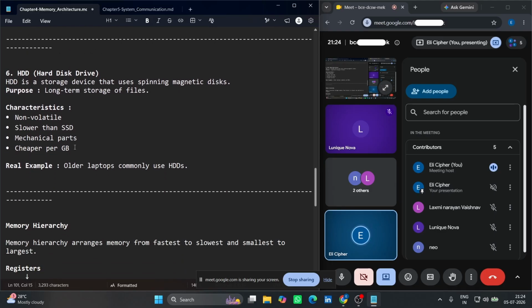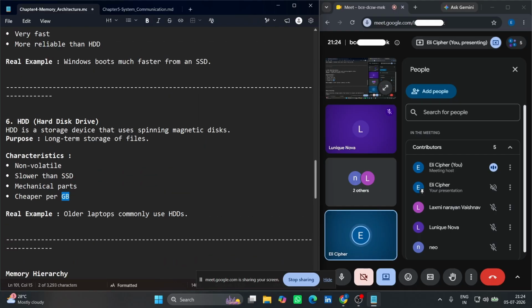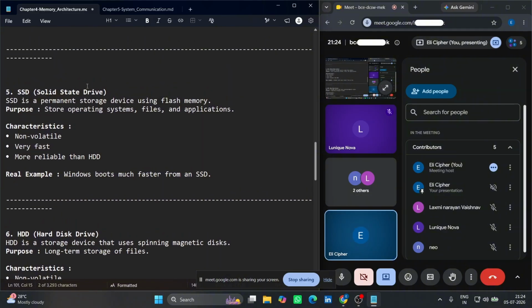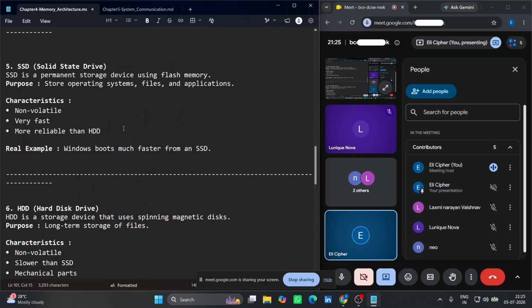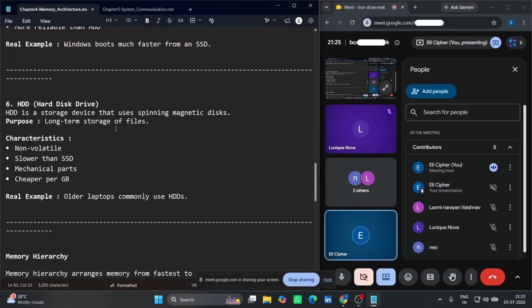Here its price is compared with the amount of data, right? It is cheaper as compared to SSD because it is slow, so its rate is cheaper, but SSD is fast, and therefore its rate is a little bit higher as compared to hard disk drive.